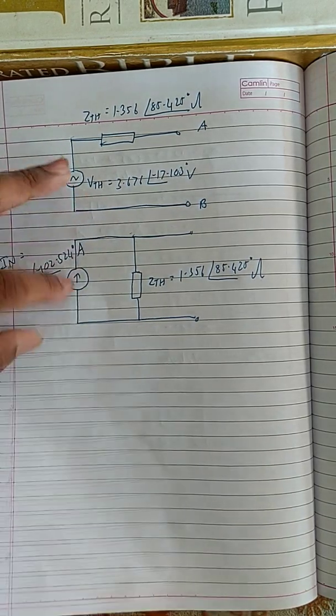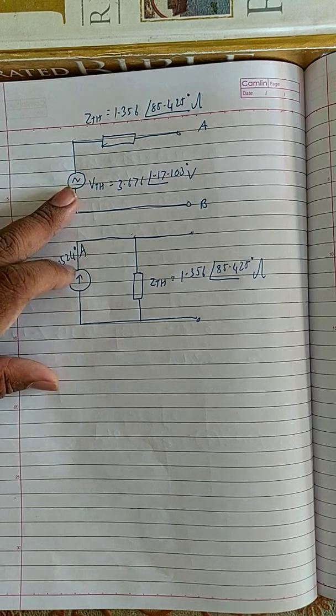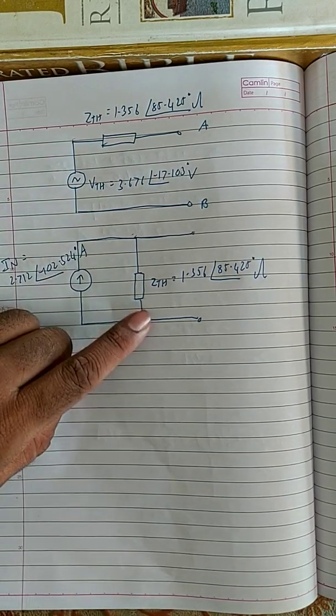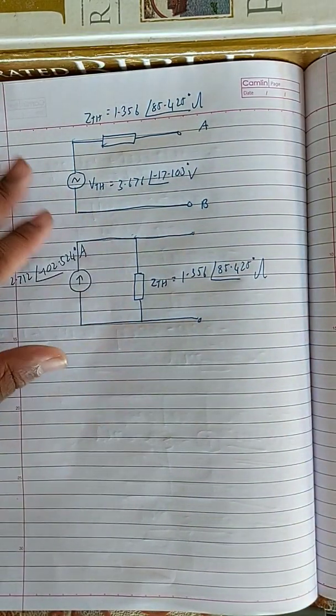This is basically source transformation, right? A voltage source with a series impedance is equivalent to a current source with a parallel impedance. This is what you see.